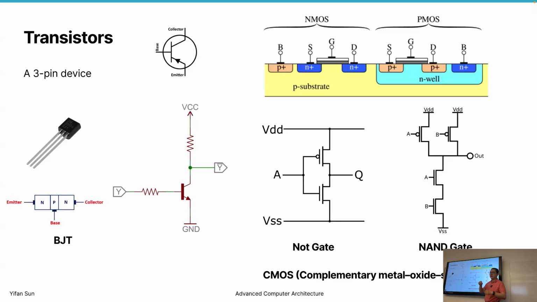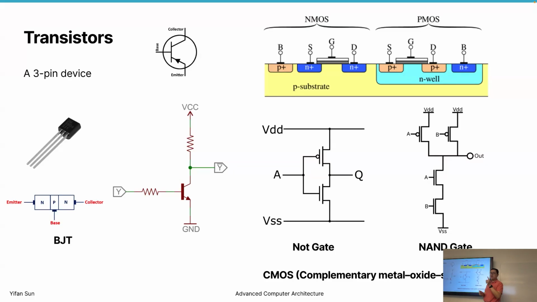It's not like the electricity cannot go through. Now here is a piece of metal on top of it. If we apply a voltage on G, some magic things happen in the semiconductor here. Then this N and this N are connected together. If we do not apply a voltage here, this N and this N are not connected at all.